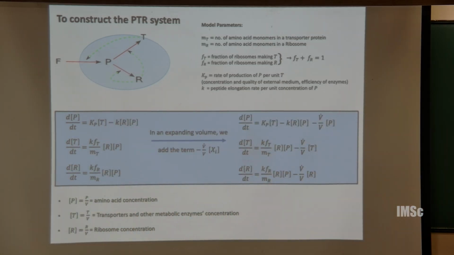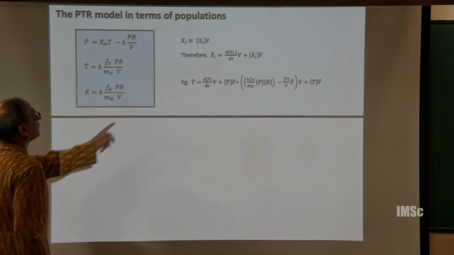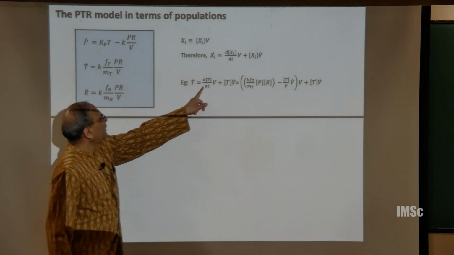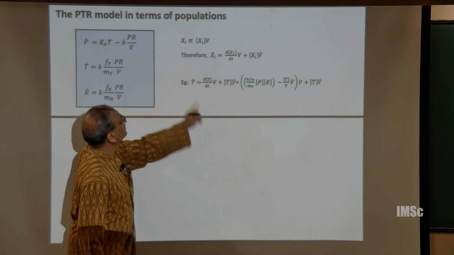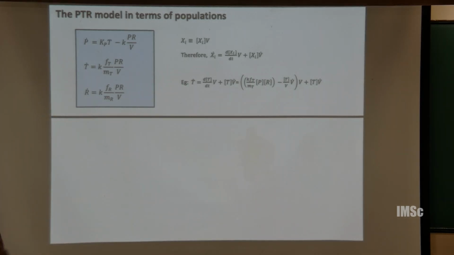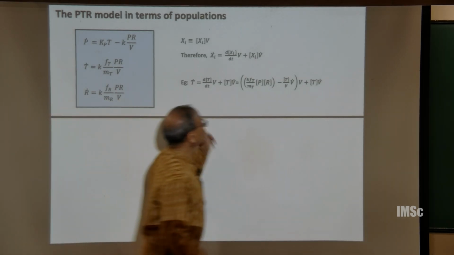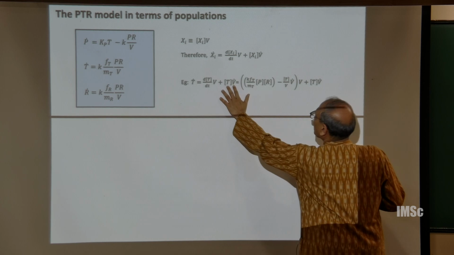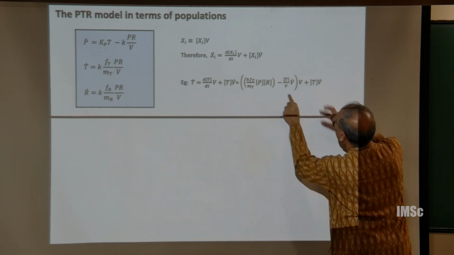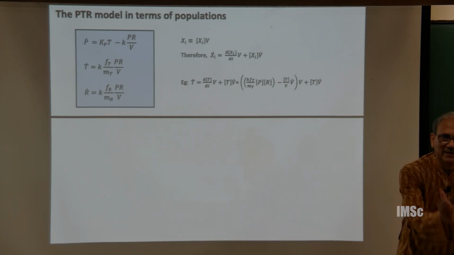So that gives you the following structure. If you look at T dot, it will contain two terms, because T is V times the concentration of T. And what is going to happen as a consequence of this extra term is that the dilution term that you had in your concentrations will exactly cancel.